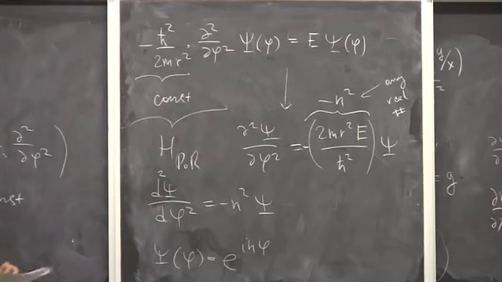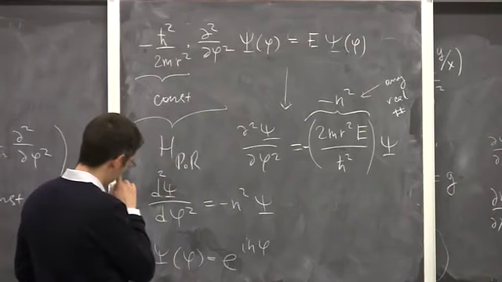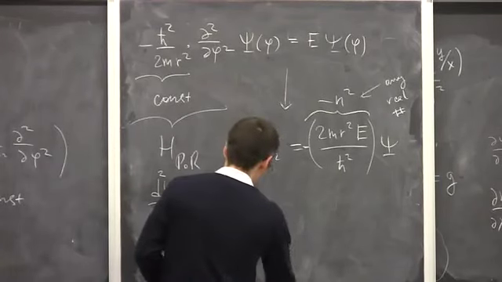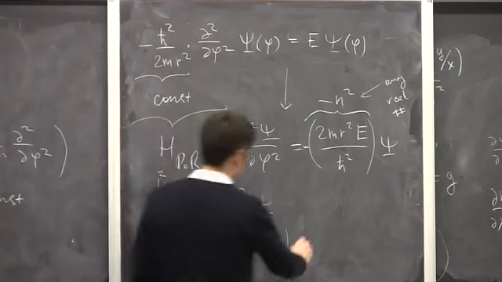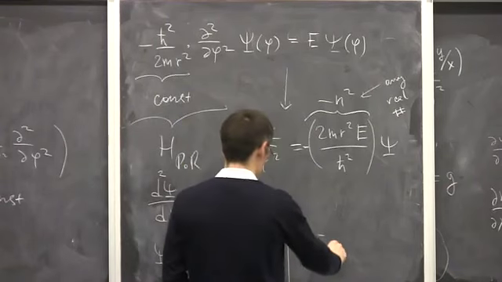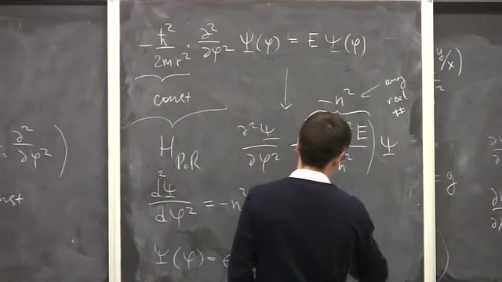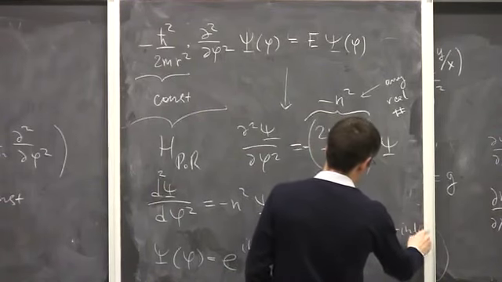Now, generally, the most general kind of solution would be psi equals some constant a times e to the i n phi plus b times e to the minus i n phi.